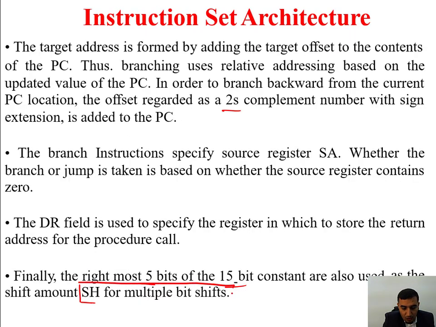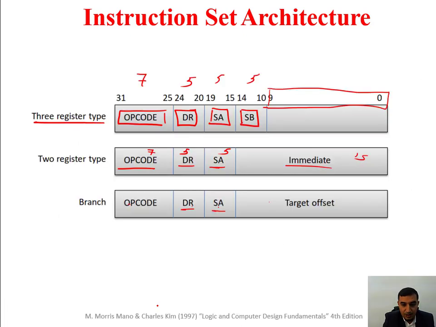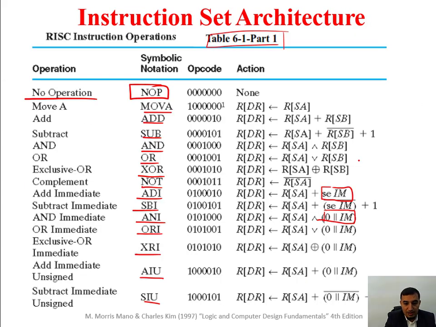They are the rightmost 5 bits of the 15-bit constant that are used for shift right and shift left. So these are the 5 bits over here if we use shift right, or over here if we use shift left. These 5 bits are used for shift right and shift left.